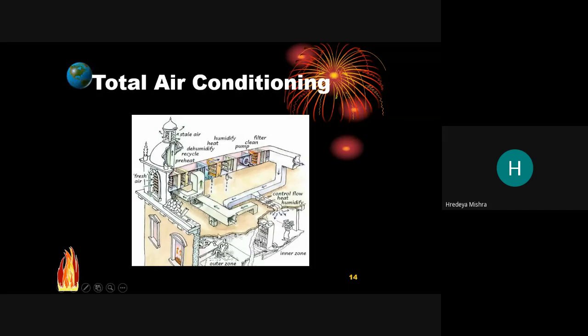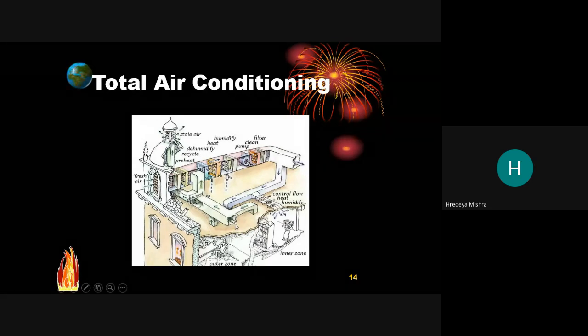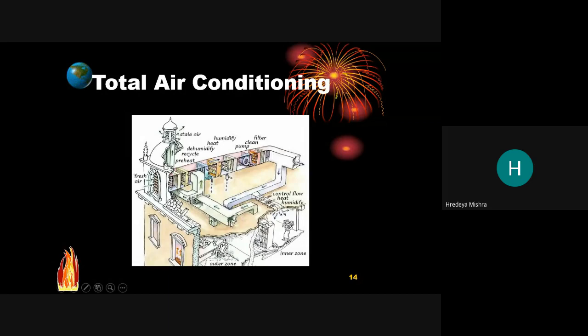Through these ducts, we can provide air conditioning through all the area. This is the outer zone. Cool air is there, and the duct system is there. Fresh air inside and cooled air supplied through these ducts.